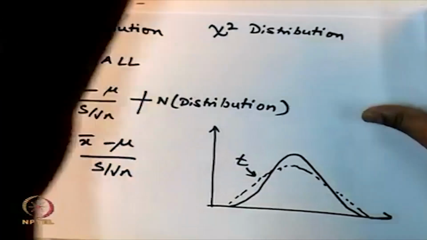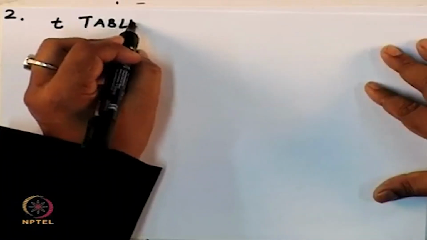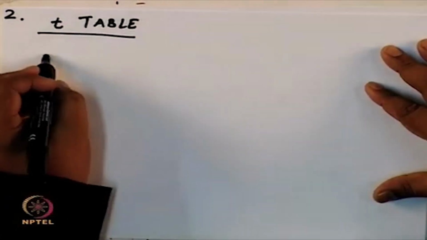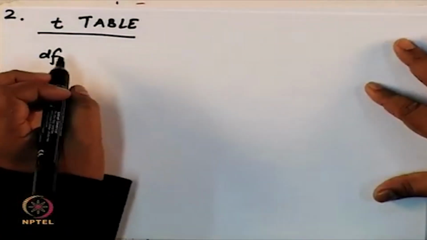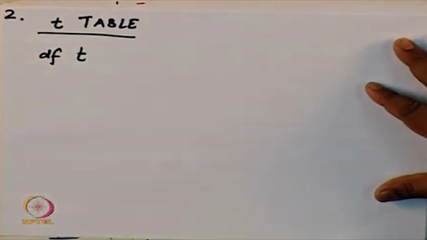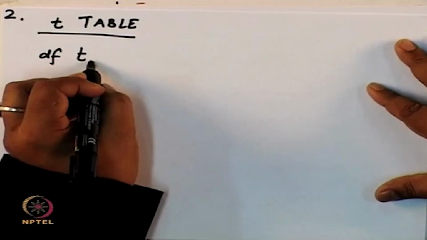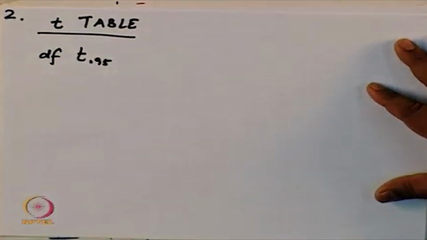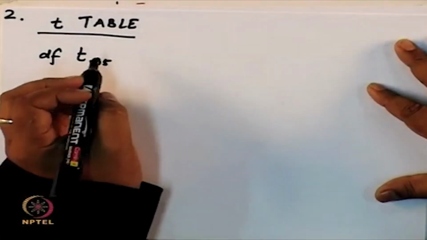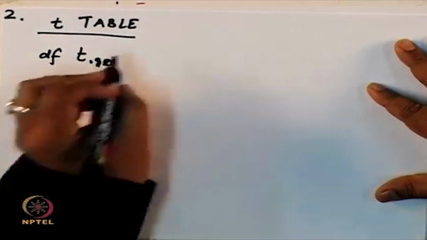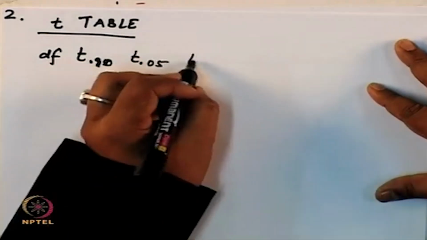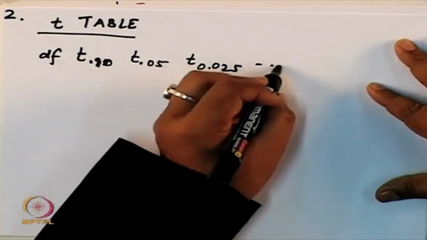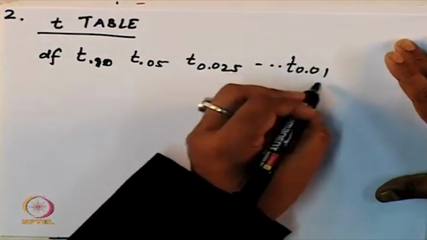The way to use a t test is to look up the t table, where you have df and then various t values, t of 0.1, t of 0.05, t of 0.025, and so on.